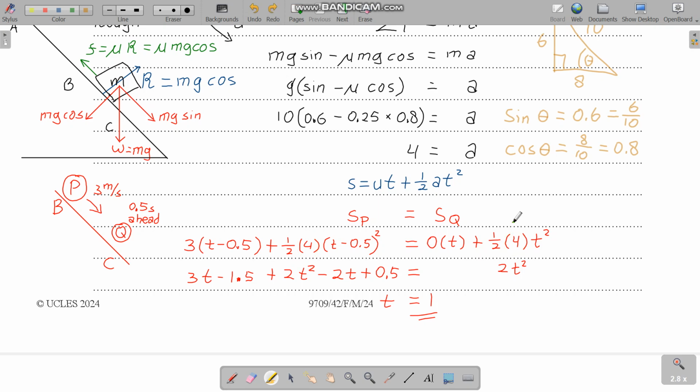Just open up the brackets and expand everything, and we cancel out things here, and 3t minus 2t is just t, and this is minus 1, so t is 1. So it takes 1 second for P to catch up and collide with Q during the rough patch.